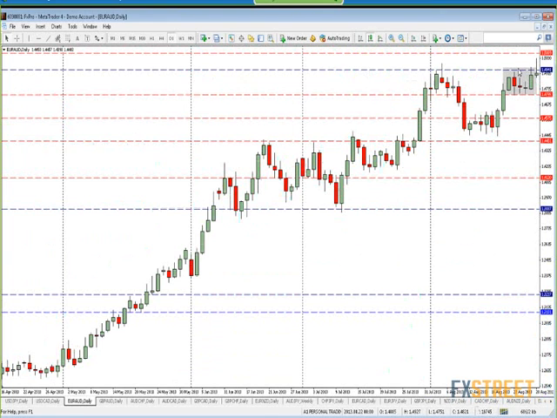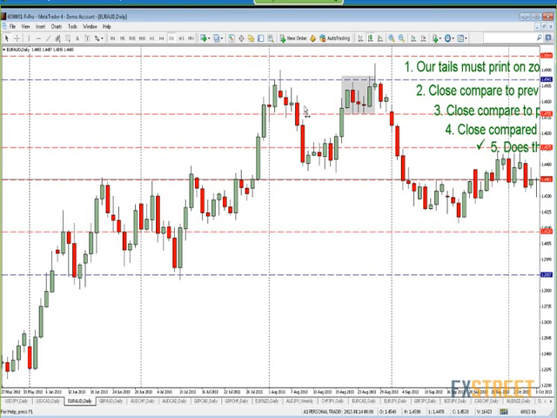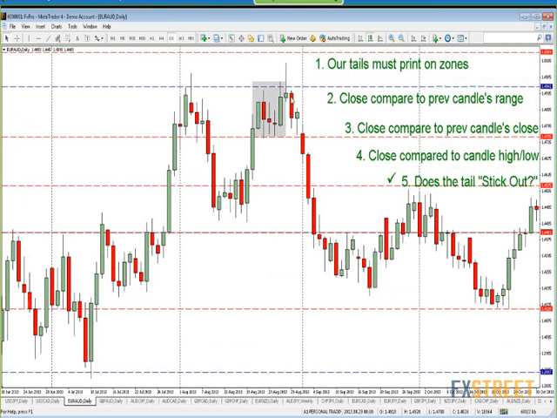We're sticking out from where we used to be. We're definitely sticking out from where we were down here the previous week, but last week we were in this area, and now we're beyond it. So this is definitely a tail that has everything. It has everything going forward. So that is awesome. It's a great reversal candle.